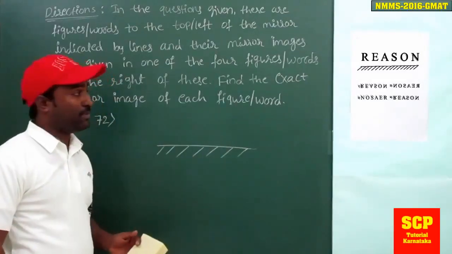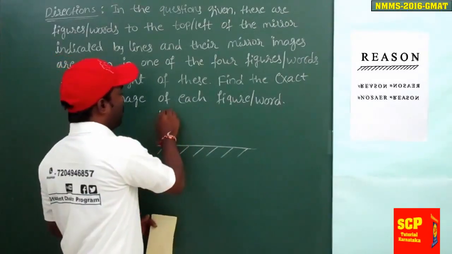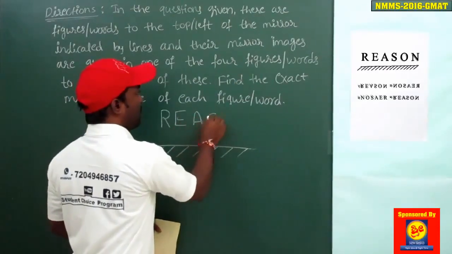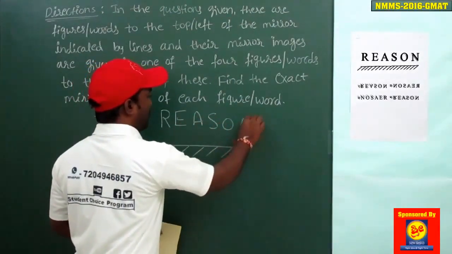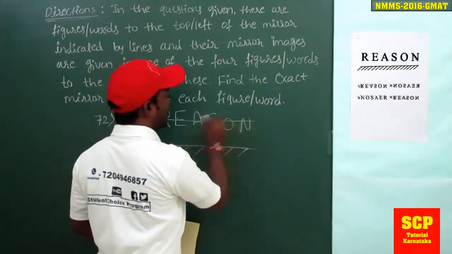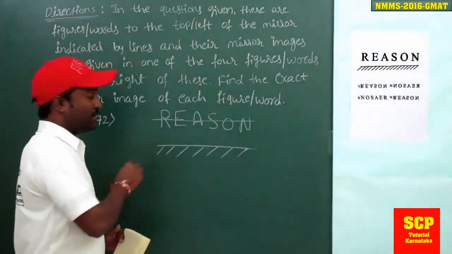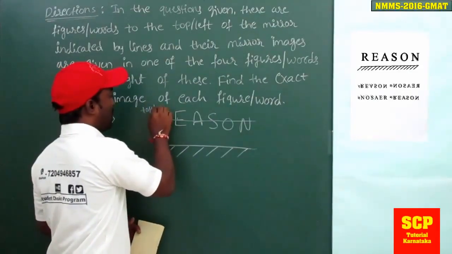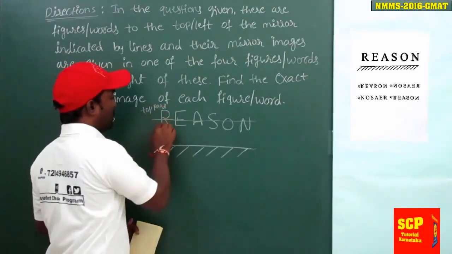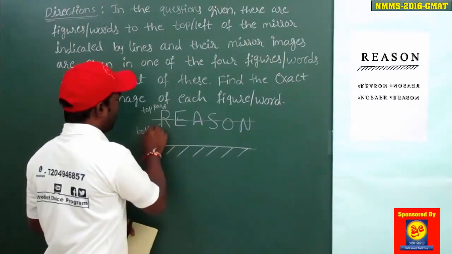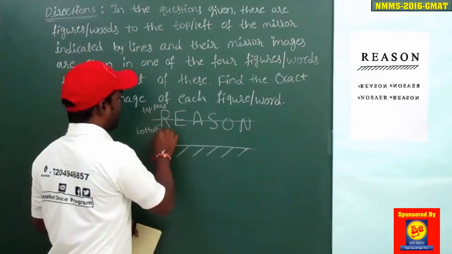Here what happens is, this word REASON, you just divide this into two parts like this, and this is called the top part and this we call the bottom part.